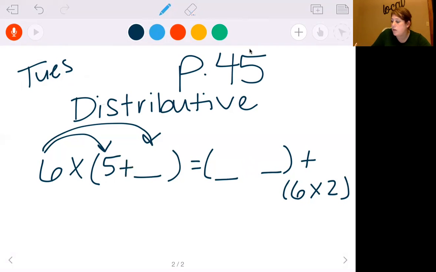So let's start over. Now I'm correct, sorry. This should be what distributive property looks like right here. So we do our little distributing, 6 times 5, 6 times 2. Oops, forgot this one too. I'm totally backwards today. All right, that is what it, no, that's not what it should look like either. All right, hold on. Try this again.